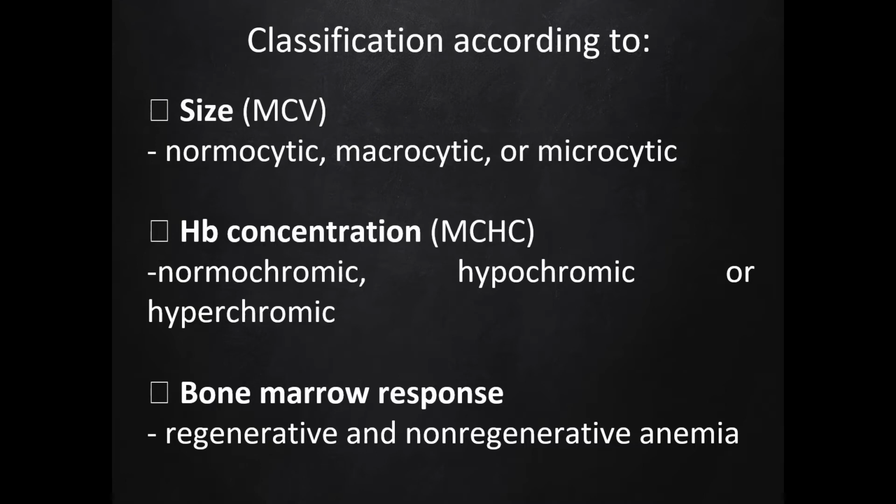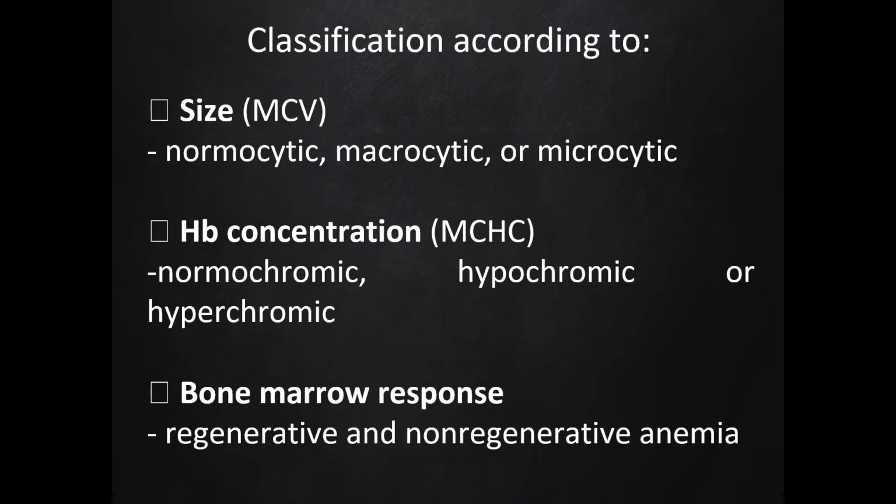Second, hemoglobin concentration, which you can detect by MCHC. You can see it in the machine. If there is normochromic, meaning the stain of the red blood cell is normal.